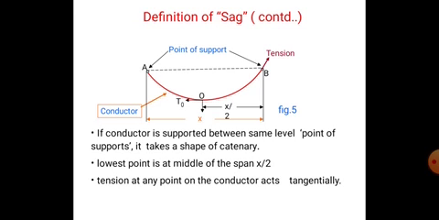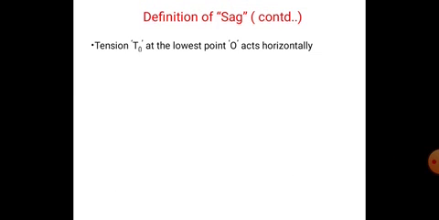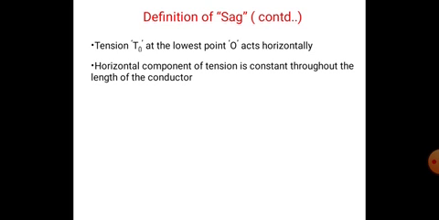The tension at any point on the conductor acts tangentially. That is, T naught acts horizontally, or tangentially. The tension T naught at the lowest point acts horizontally. The horizontal component of tension is constant throughout the length of the conductor.